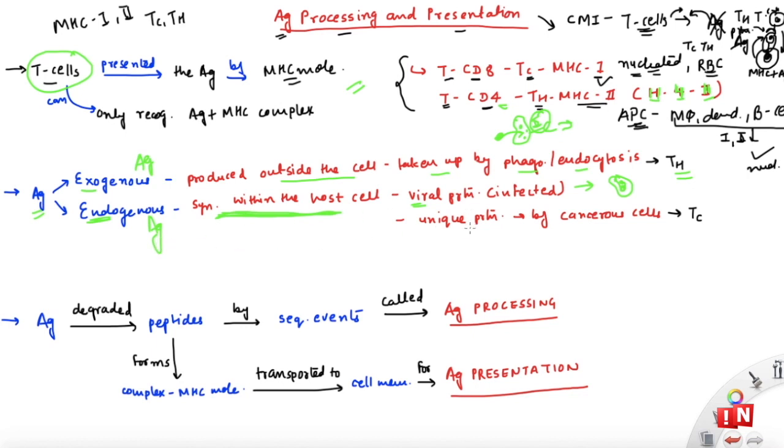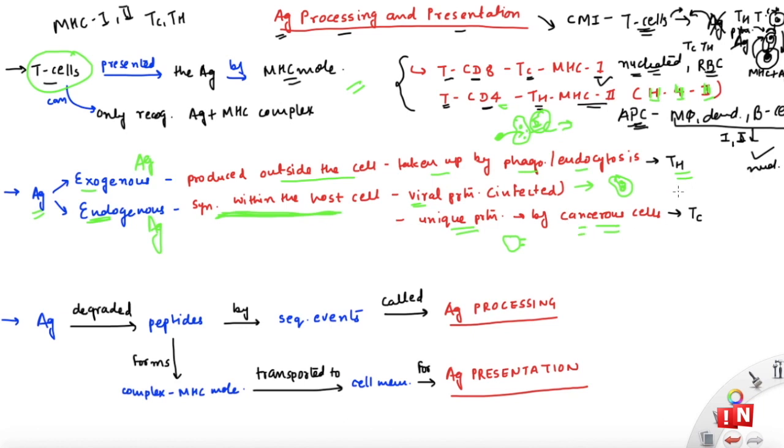Also certain unique proteins on the cell surface. In case of a cancerous cell, the proteins that it will express will be very different than our normal cells. So that is again an example of endogenous antigen. So these are the cells. They could be any cell that is infected with virus or any cell that could have a problem with misfolded protein or defective protein or abnormal protein, any cancerous cell in the body.